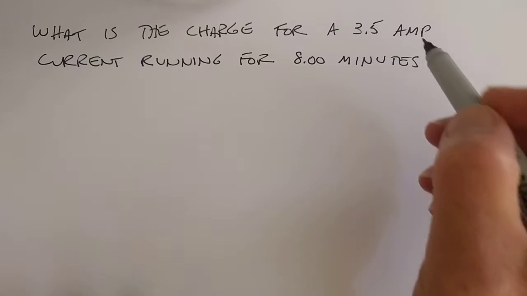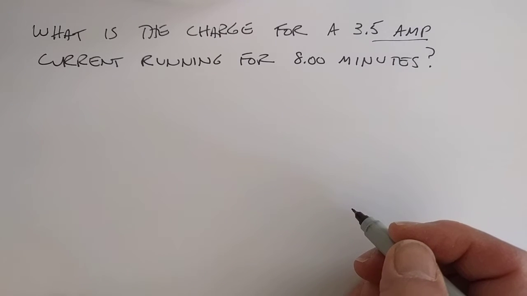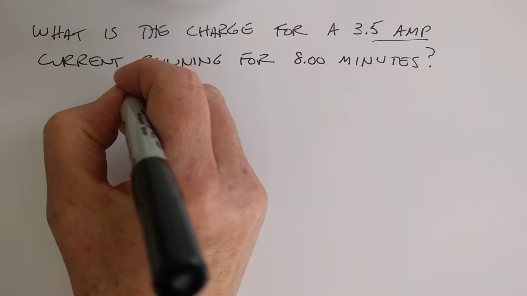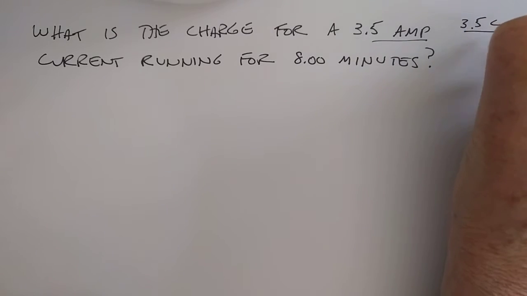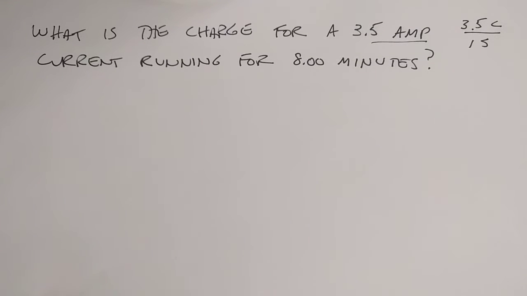So in electrochemistry, whenever you see amp, it's a good idea to write that as a coulomb per second because that is in the conversion factor form. So 3.5 amps, that is 3.5 coulombs for every 1 second, the charge per second. Okay, so we're just going to use dimensional analysis for this.